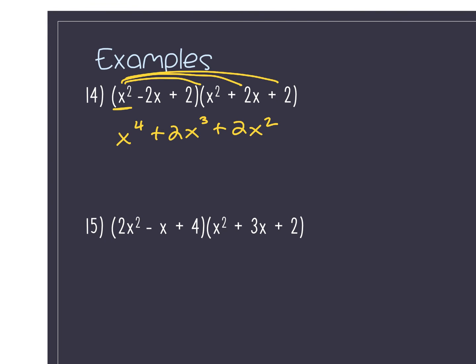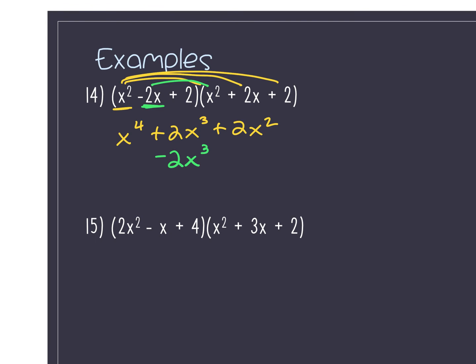Now, for the next one, instead of continuing on and writing the next distributed terms, I'm going to go down to the line below it. I'm going to distribute the negative 2 to the x squared, and I'm going to write it underneath. This is going to give me a negative 2x to the 3rd.